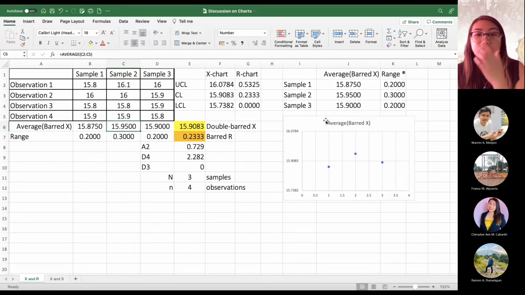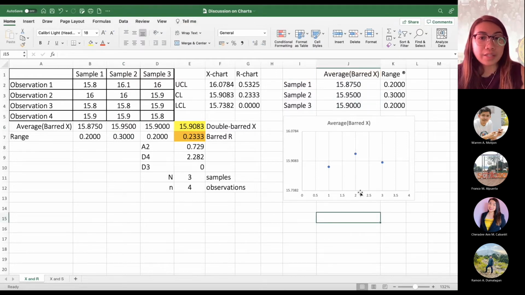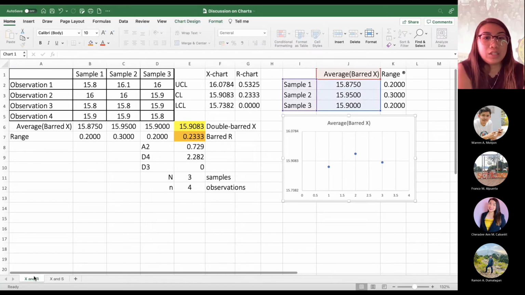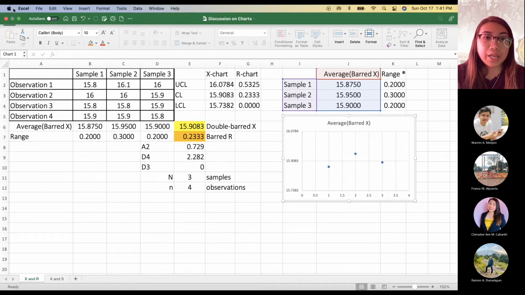So, what we're going to do is make the chart like this. I will delete this one first. I will design it later. Okay, wait. Before we draw the X chart, let's make the R chart first.